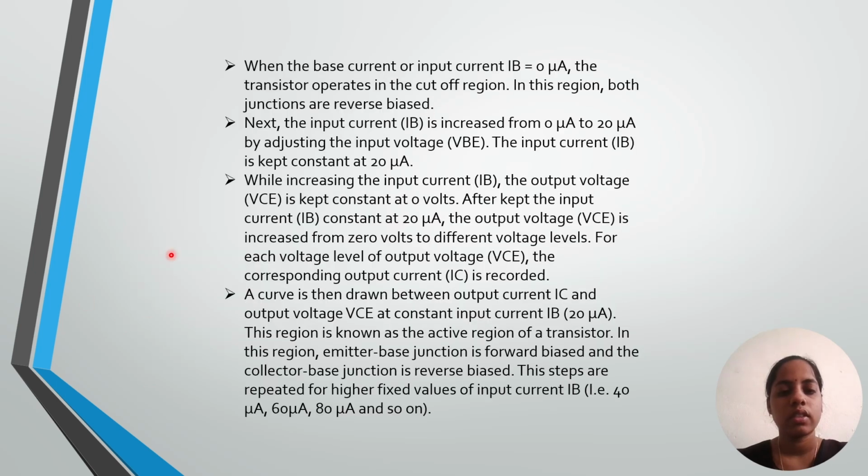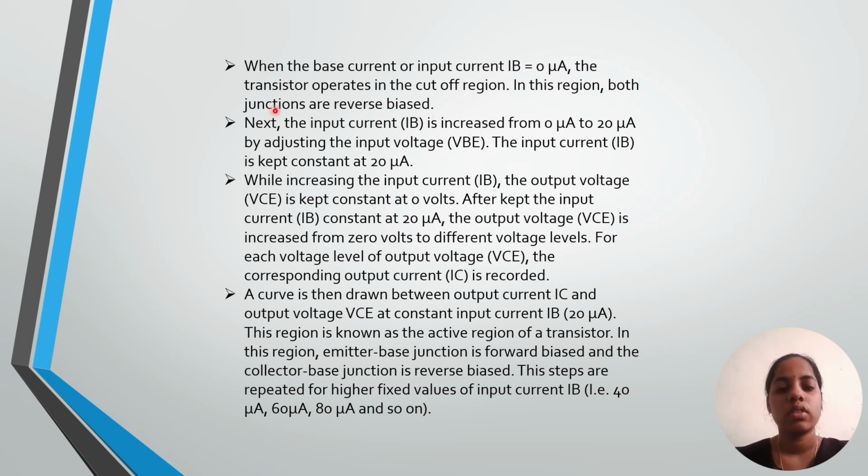Next, when the base current or input current IB equals 0 microamperes, the transistor operates in the cutoff region. In this region, both junctions are reverse biased. In output characteristics, we have three types of regions: cutoff region, saturation region, and active region.